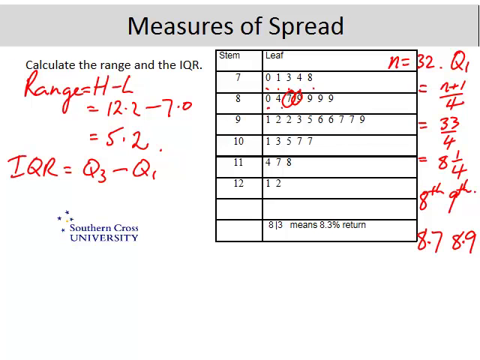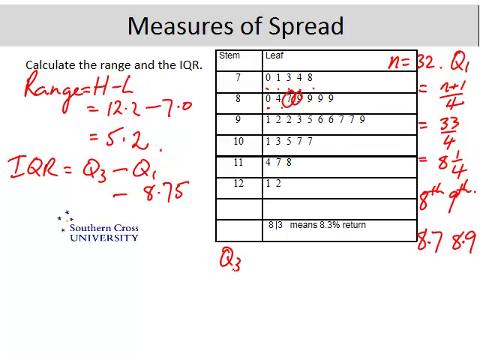Now, if we were going halfway between them, it would be 8.8. But if we're going to go 1/4 of the way through, it would be 8.75. So we'll do that by just, I guess, observation, looking at the numbers.